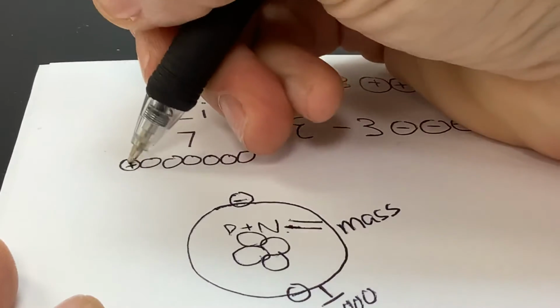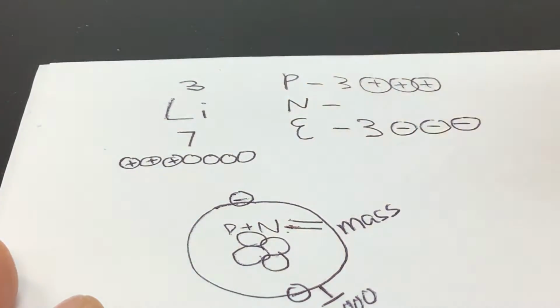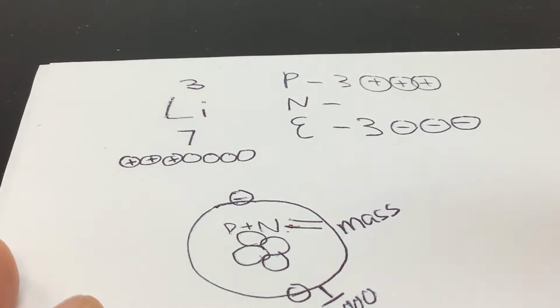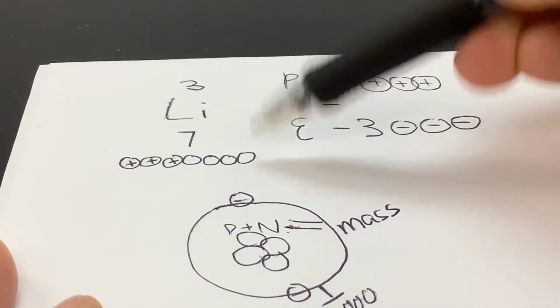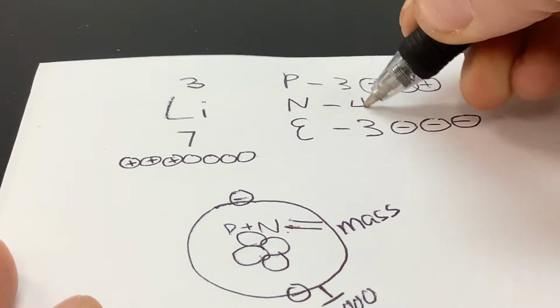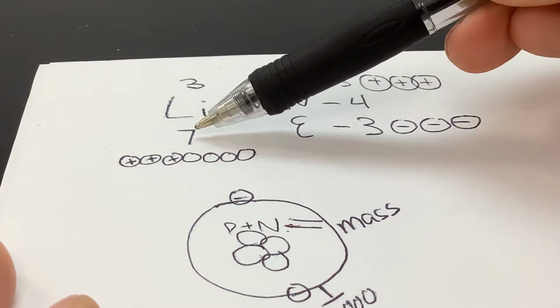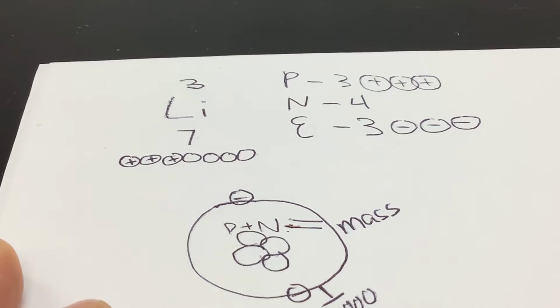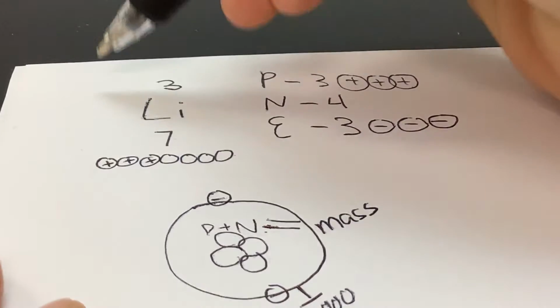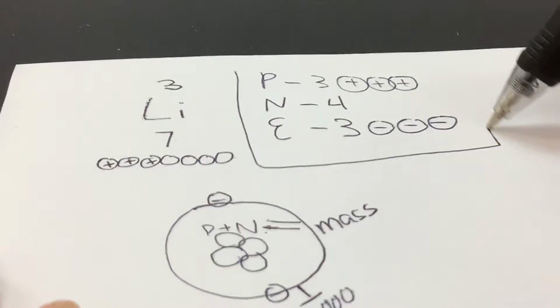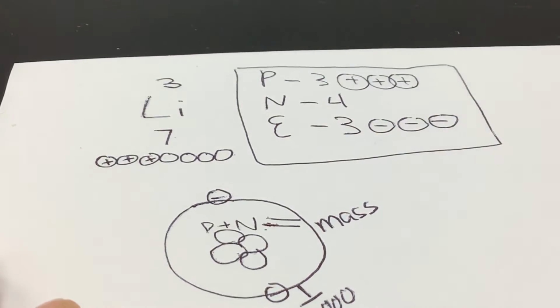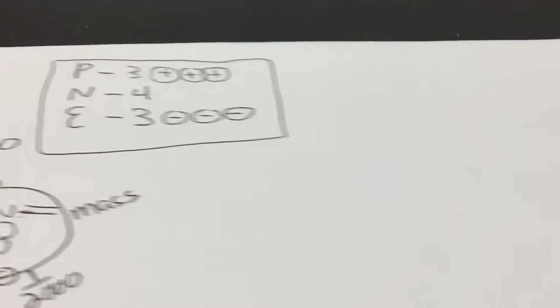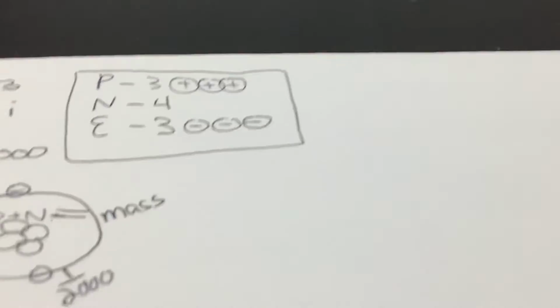So if I make 3 of these positive protons, the rest, 1, 2, 3, 4, are the neutrons. All I had to do was subtract 7 minus 3. It works every single time. This is the information we need first, because now we are going to draw it.